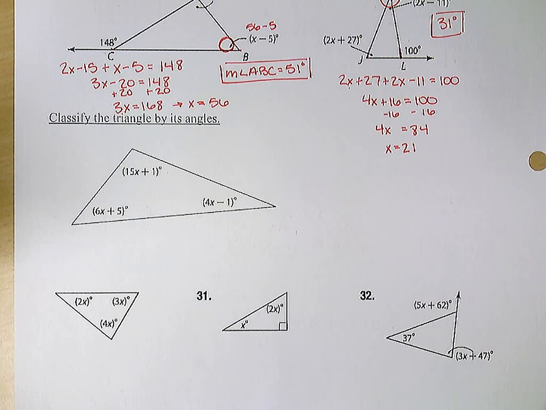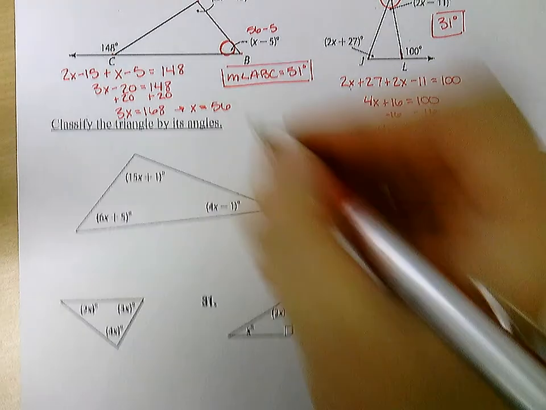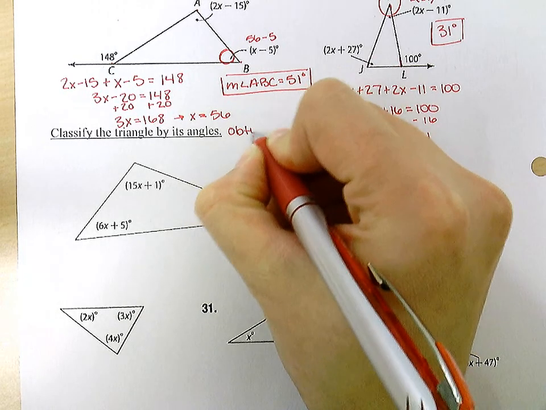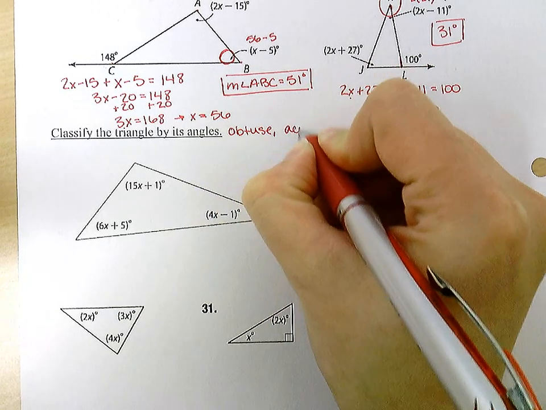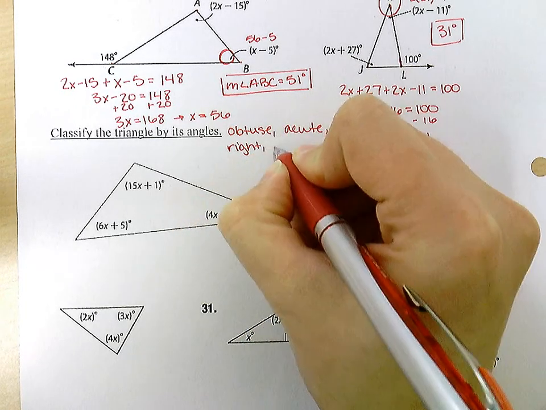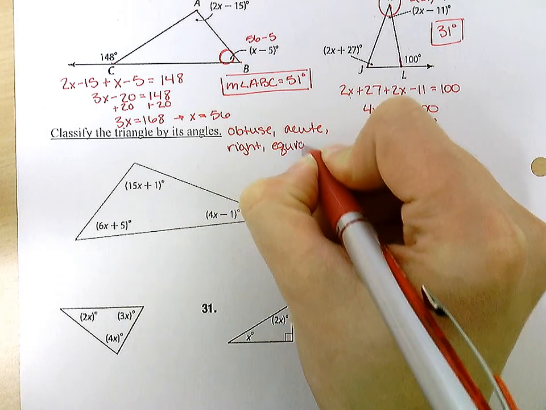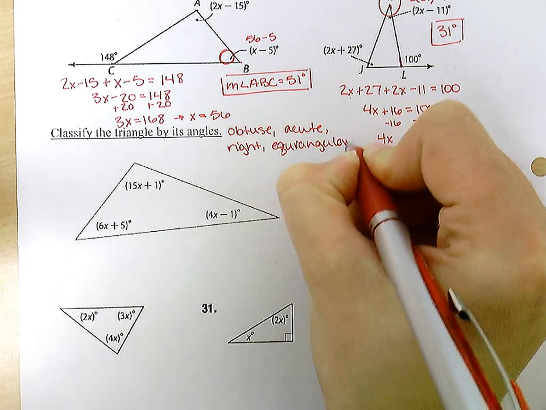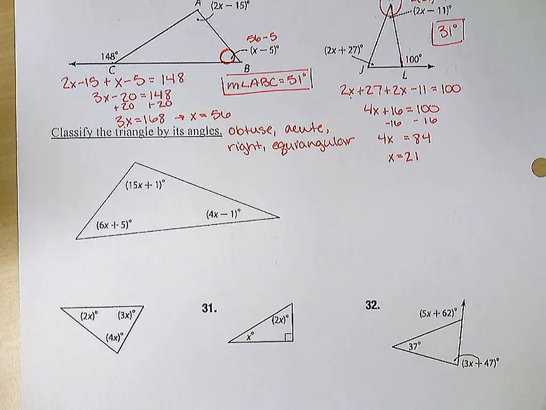So classifying our triangle is what we did on Friday. To classify a triangle by its angles, that would be obtuse, acute, right, and equiangular. So those are our different classifications by its angles.